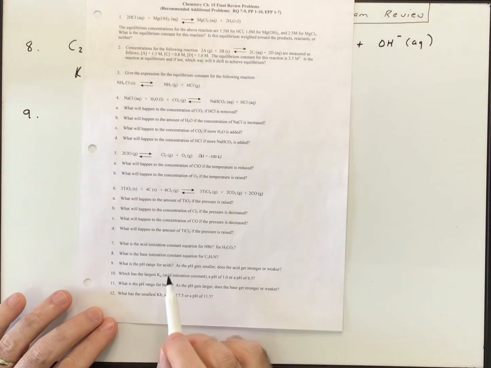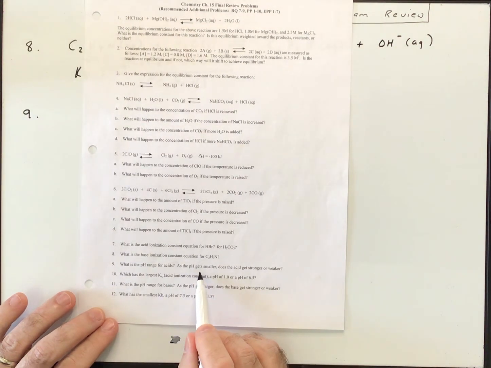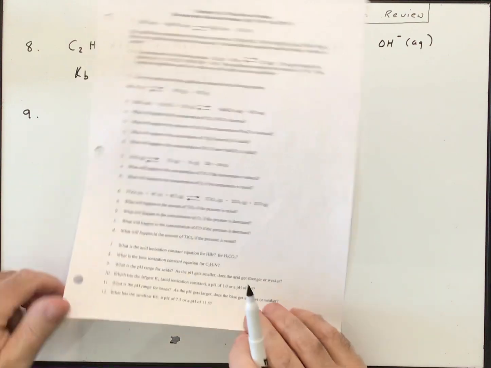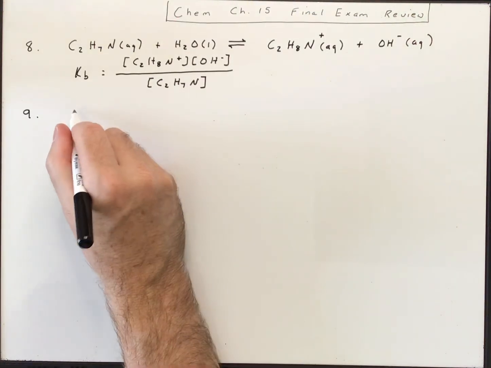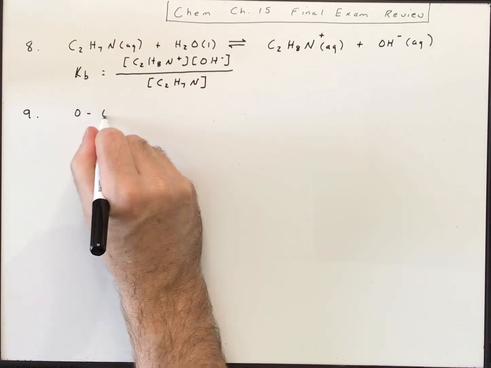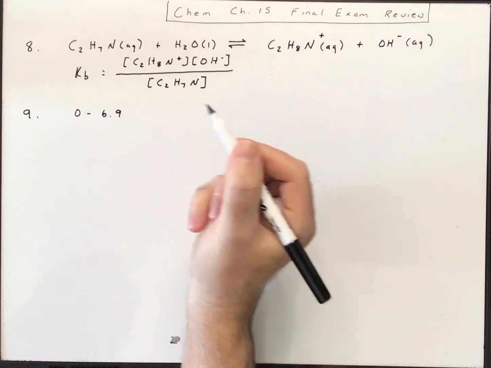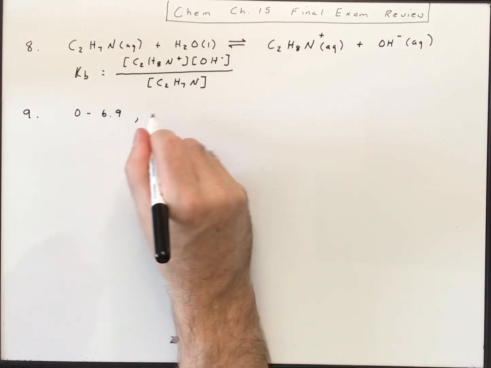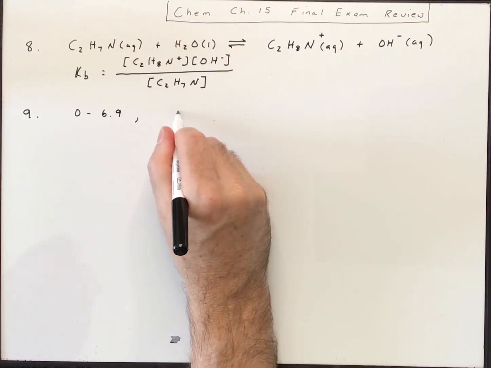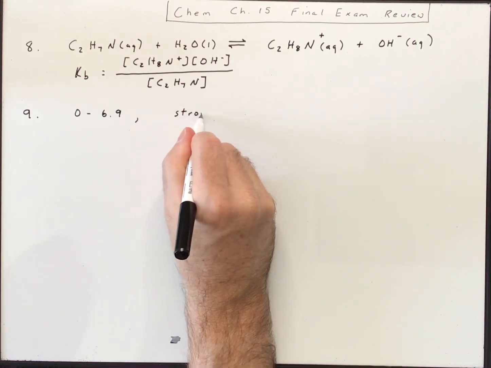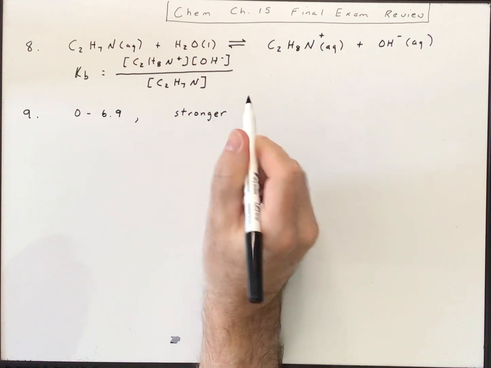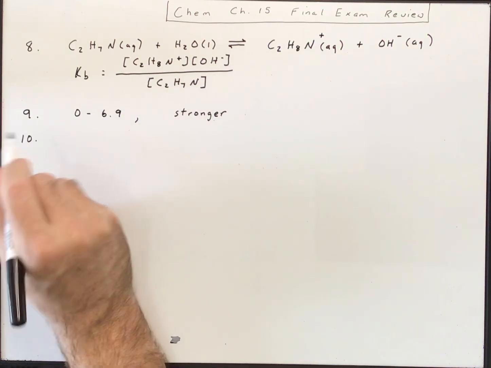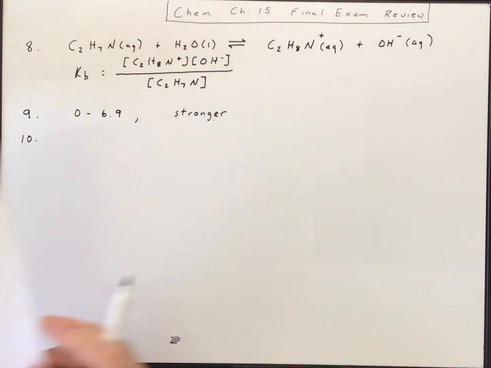What is the pH range for acids? And as the pH gets smaller, does the acid get stronger or weaker? All right, it would be 0 to 6.9 or 6.99. However, I would accept 0 to 6.9. And as the pH gets smaller, the acid gets stronger. Okay, number 10.